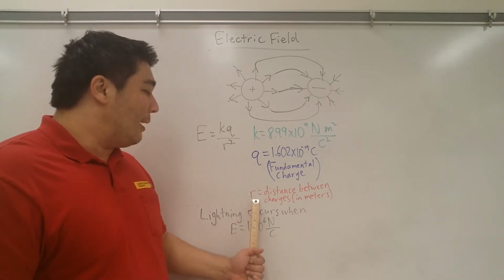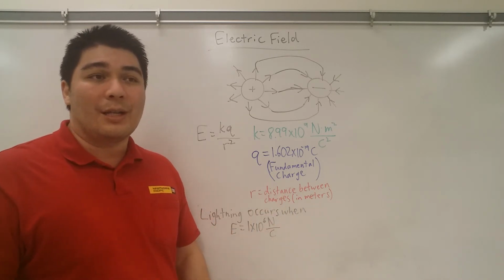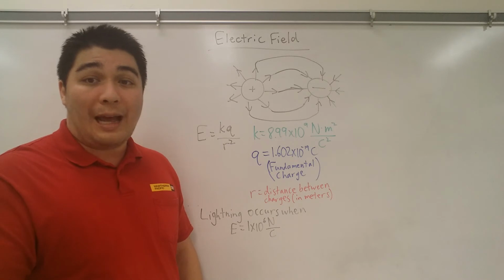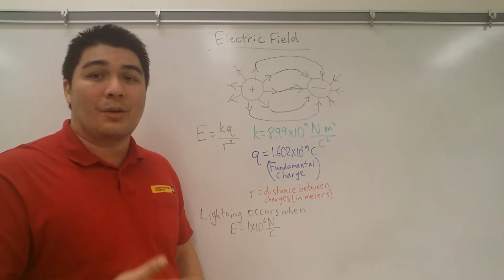The other thing I wanted to point out was that r is the distance between charges. This is in meters. Normally, at least with gravity, we would have written this with d or maybe h for distance or height.